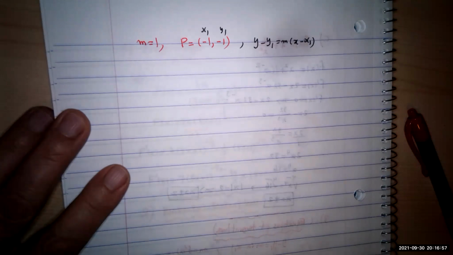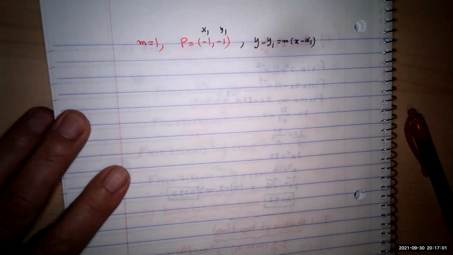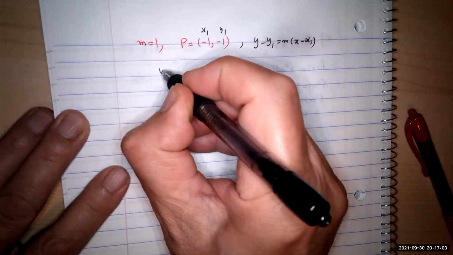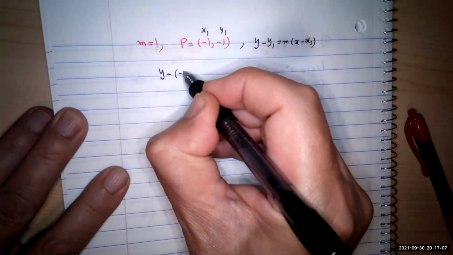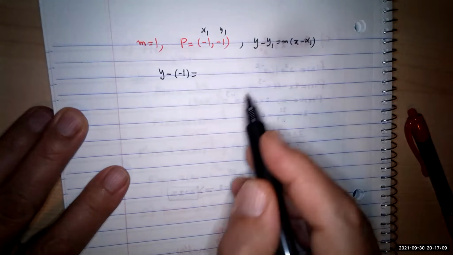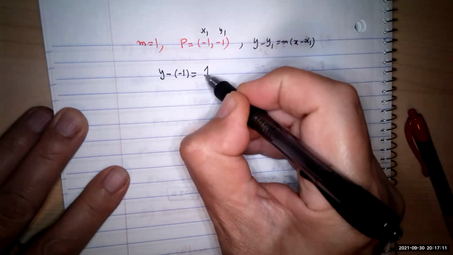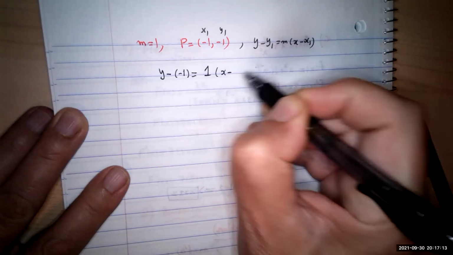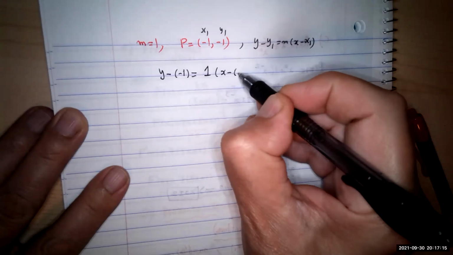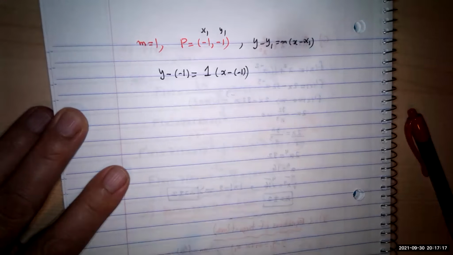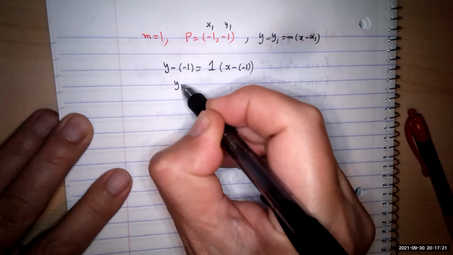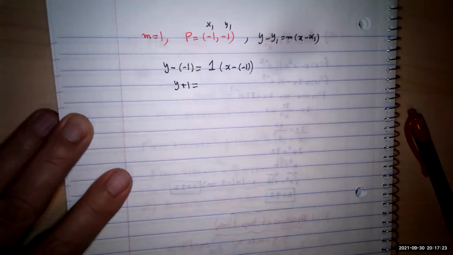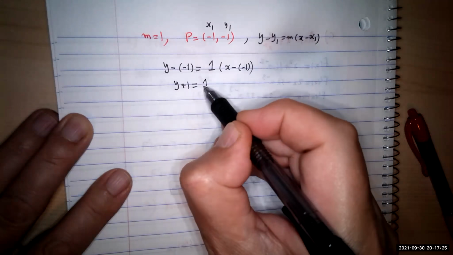Now you simply substitute. y minus y1, y1 is -1. M is 1. X minus x1, x1 is also -1. Okay, you simplify, negative would be positive, so that gives y plus 1, and over here is going to be 1 times x plus 1.